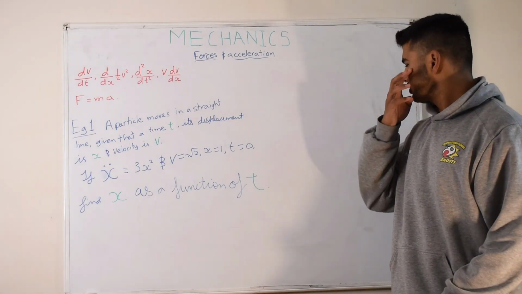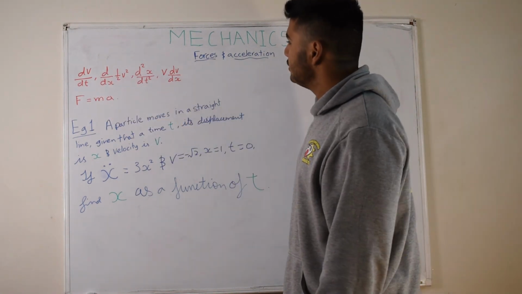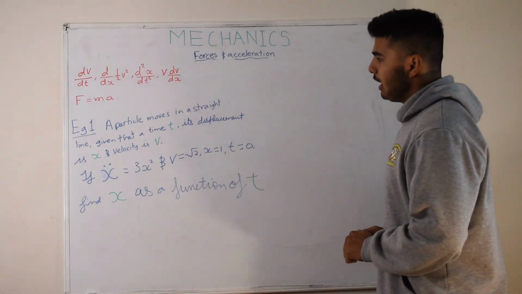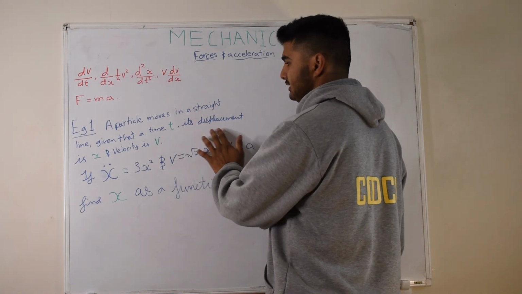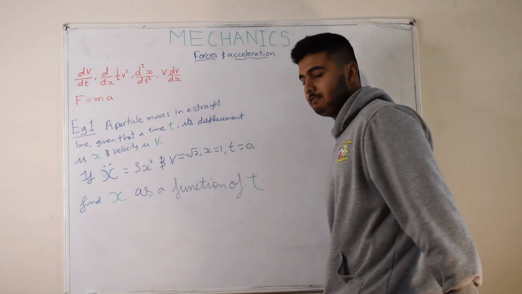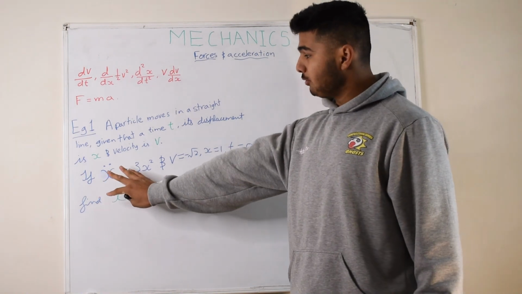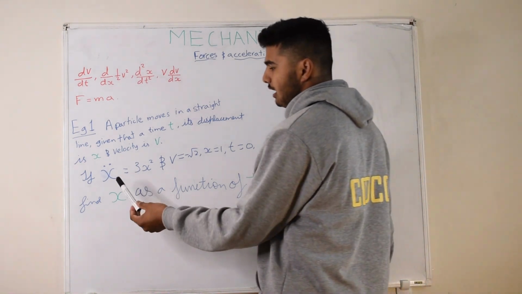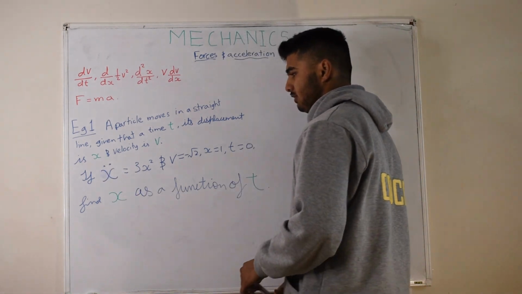So looking at this first example, we've written down the different forms of acceleration over here, and we've written down F equals ma. Example 1. A particle moves in a straight line given that at time t, its displacement is x and velocity is v. If x double dot, another way of writing acceleration, is this. This simply suggests that x is displacement, x dot would be velocity, and x double dot is acceleration.